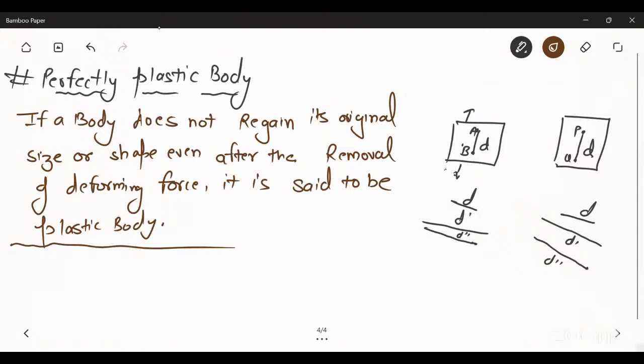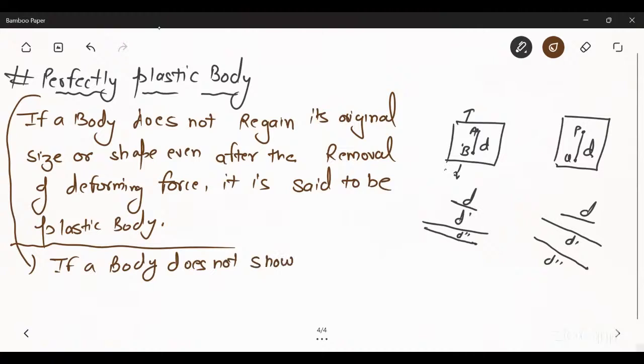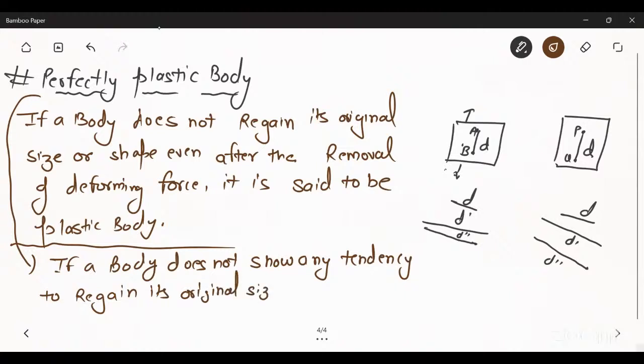But what is a perfectly plastic body? A perfectly plastic body is one that does not show any tendency to regain its original size and shape after the removal of the deforming force.